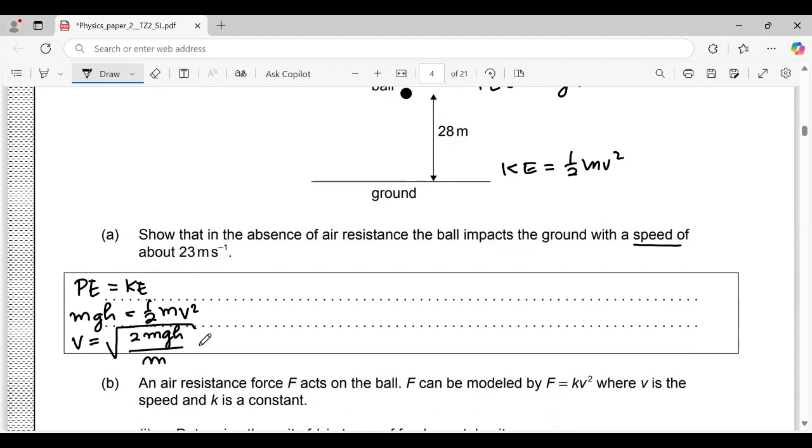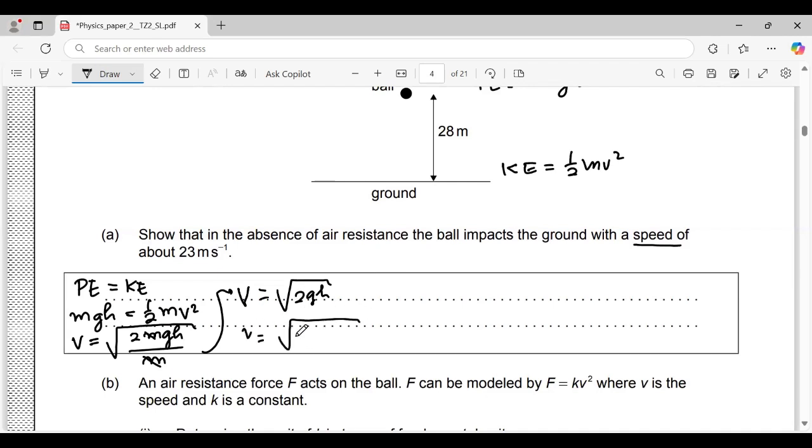Okay, and m divided by m, so v equals the square root of 2 times g times h.